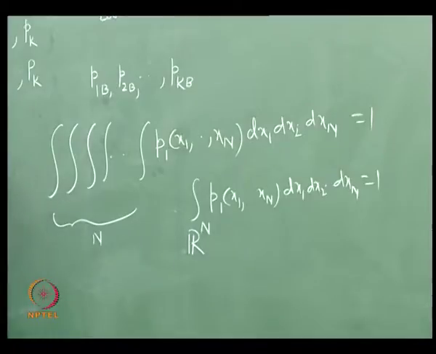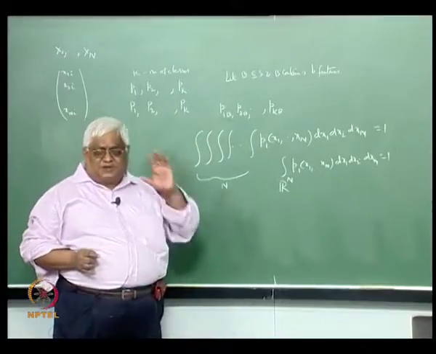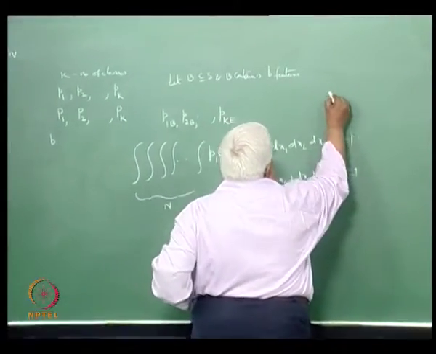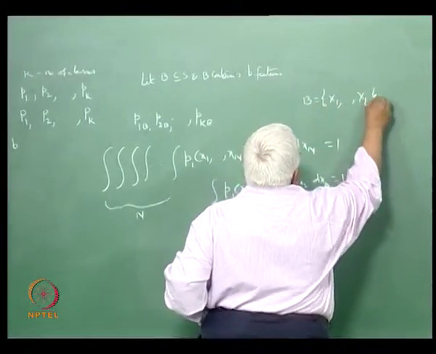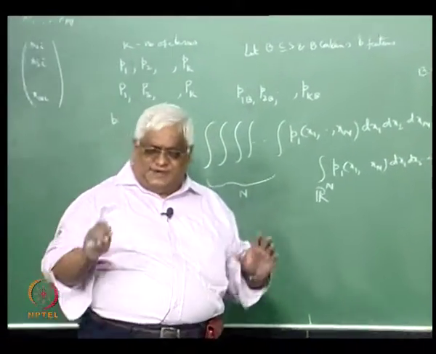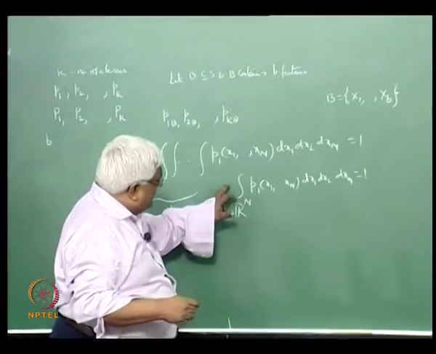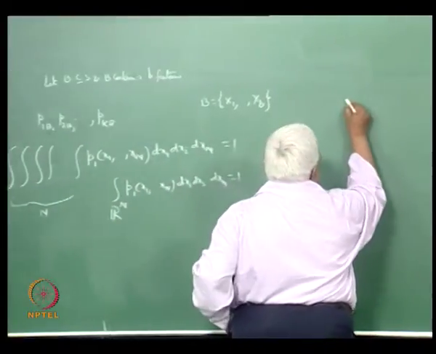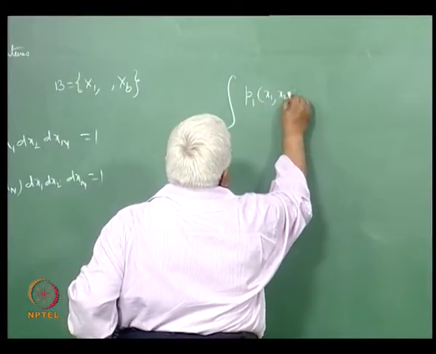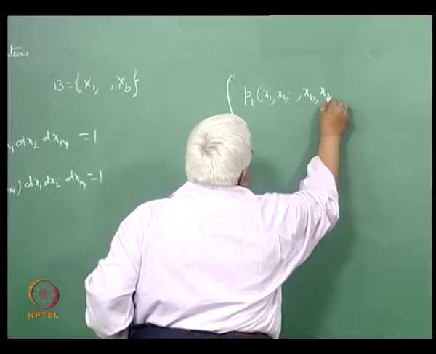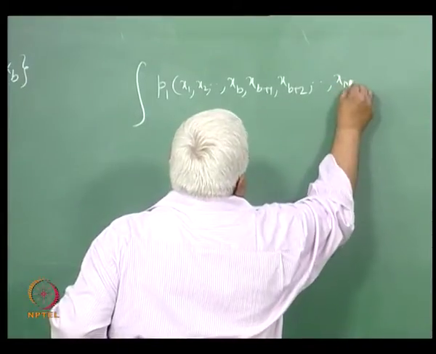Right. Now, you look at those b features here. Let us say, without loss of generality, this subset B is equal to x 1 to x b. These are the b features that we have taken. Then what we will do is look at this function p 1 of x 1, x 2, up to x b, x b plus 1, x b plus 2, up to x n.